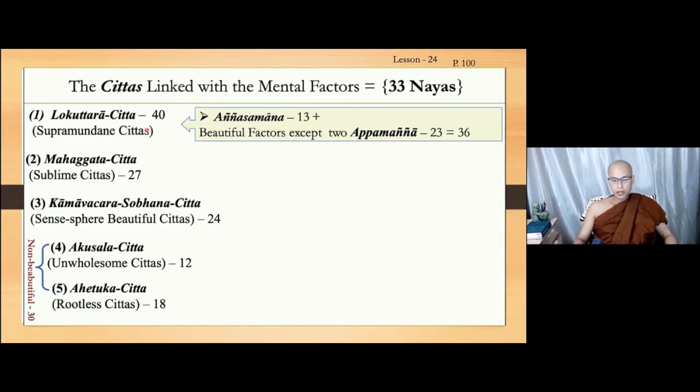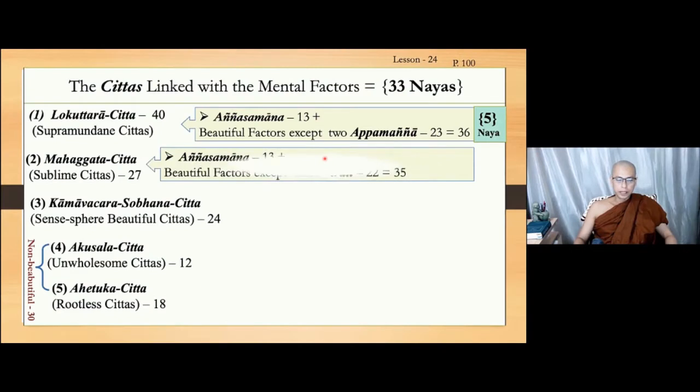And Lokuttara Citta take Nibbana as their object. So they have different objects and cannot arise together. Only 36 mental factors can associate with Lokuttara Citta.